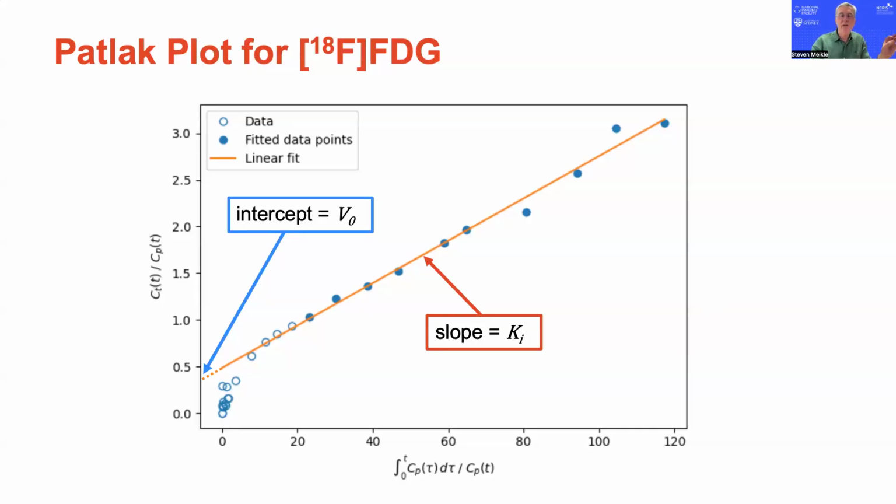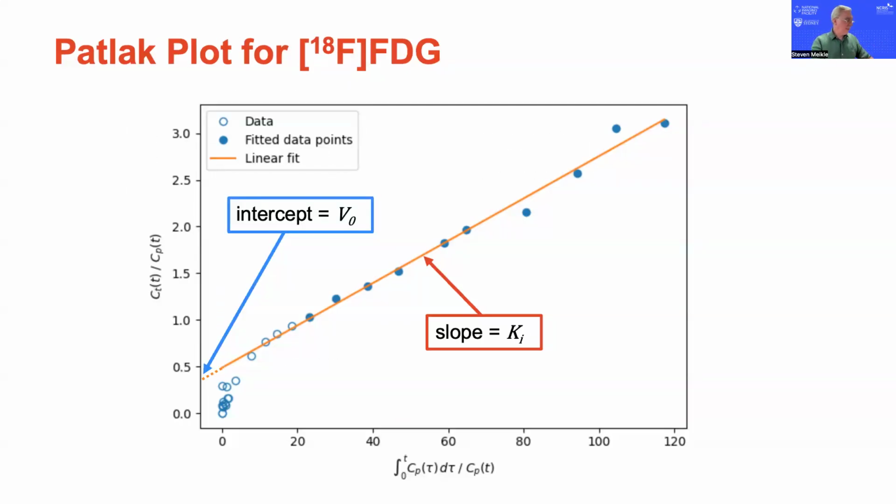If we don't care about the individual microparameters, this is a more efficient way to calculate the main parameter of interest, Ki. It's computationally very efficient. It's just a simple linear regression, which also means that you can do this on a voxel by voxel basis and estimate Ki for every voxel in the image pretty quickly and generate a parametric image.